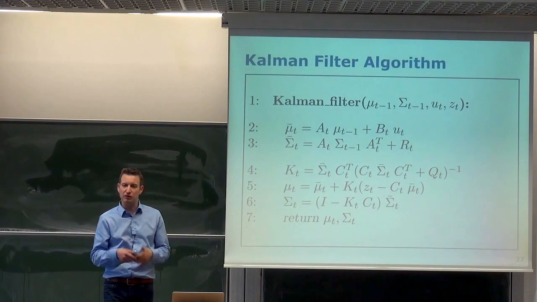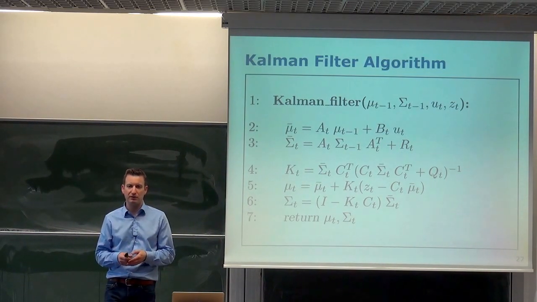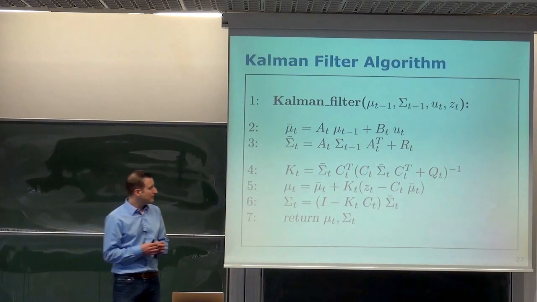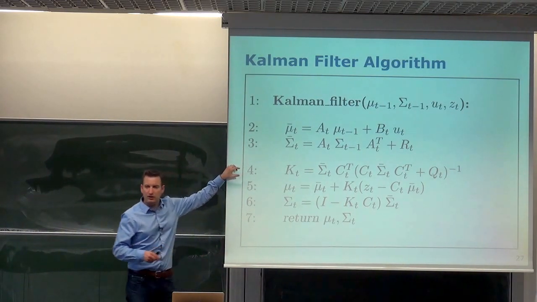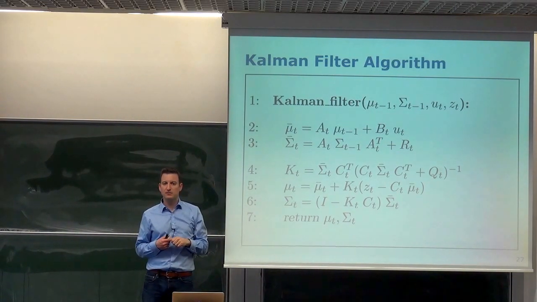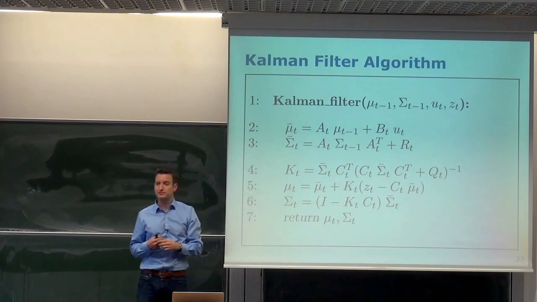But typically it's not 0 because our motion is never perfect. Okay? Then the line 4. So is everyone kind of happy with the prediction step? It's basically taking a Gaussian, applying a linear transformation, and adding an additional noise according to the motion. That's what happens in these two lines.